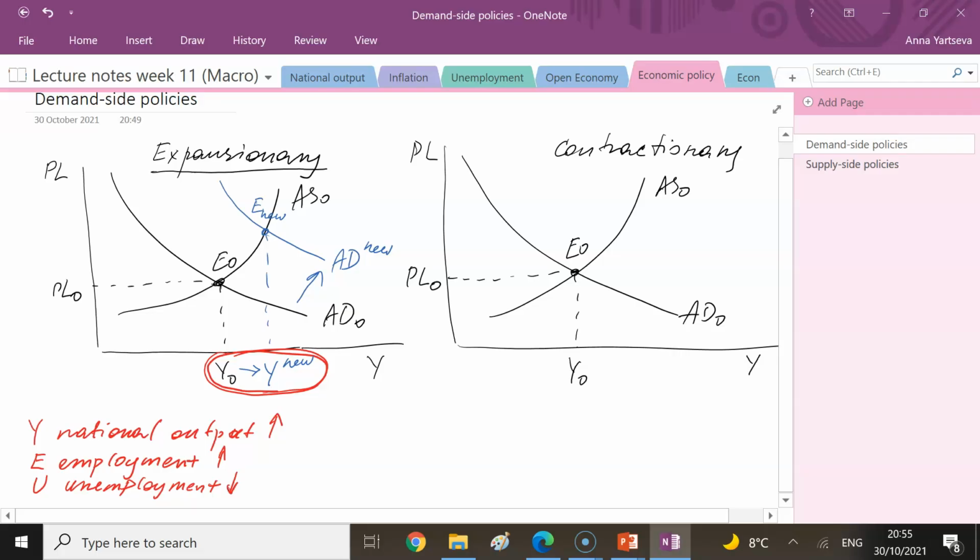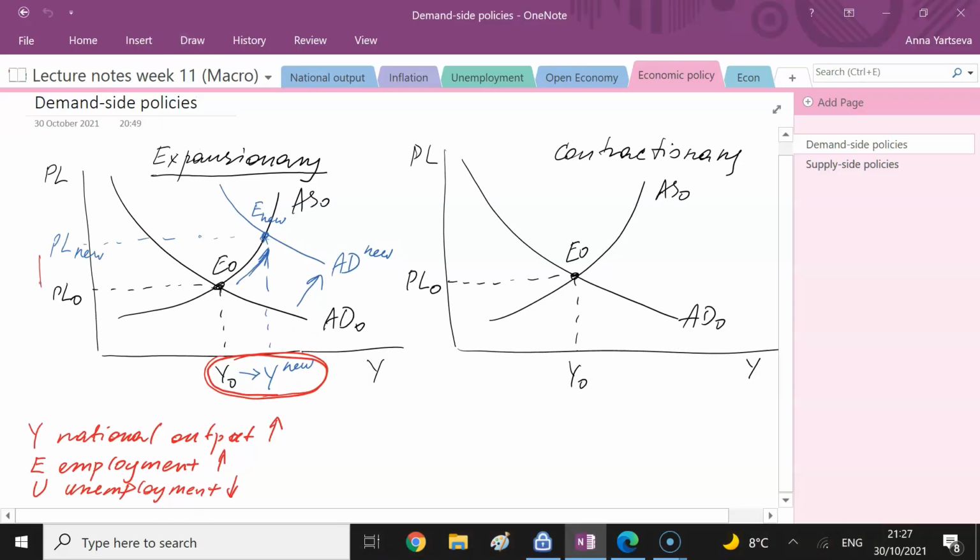Unfortunately, this comes at a price, and the price we have to pay is an increase in the price level. As our economy moves from the original equilibrium point E0 to a new equilibrium point, as our economy expands, as we manage to achieve certain macroeconomic objectives, there will be a downside. Our price level goes up.